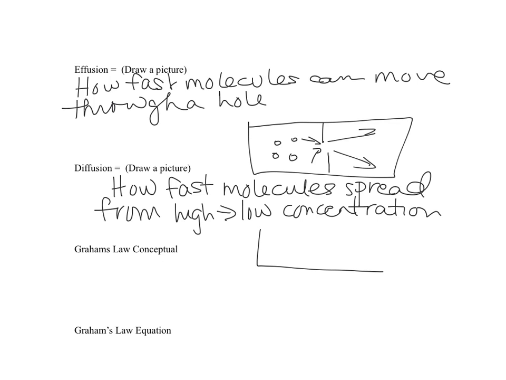So if I have a bunch of gas molecules in the corner of the room and I release them, how fast are they going to go from an area of high concentration to an area of low concentration?